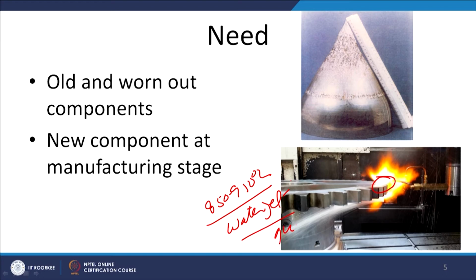So, the quenching phenomenon takes place and the surface is hardened. This is what is applied for the surface hardening of the gear tooth. Just as I have given an example of this.